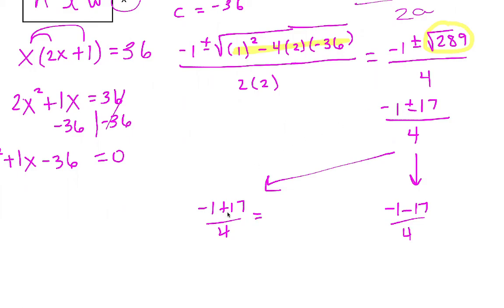Okay, -1 plus 17 is 16. 16 divided by 4 is 4. All right, over here on this side, I have -1 minus 17. That's going to give me a -18 divided by 4.